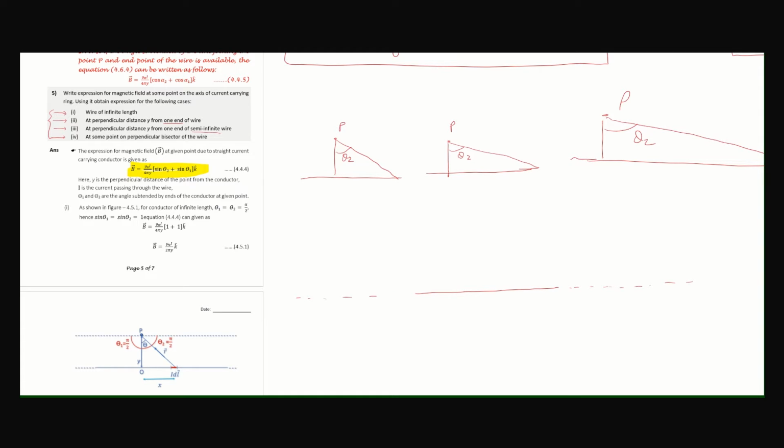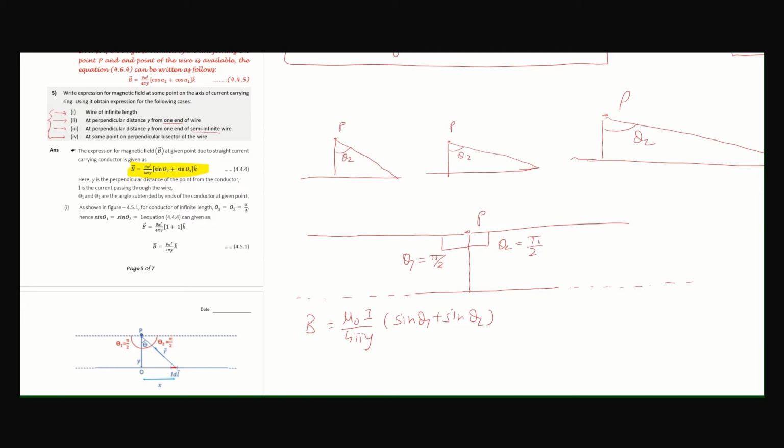Consider that the wire is of infinite length. In that case, from point P, if I look at the angle, theta 1 will go something like this. So I have to consider theta 1 to be pi by 2, 90 degrees, and similarly theta 2 will also be 90 degrees. Our formula is B is equal to mu 0 I by 4 pi y (sine theta 1 plus sine theta 2).